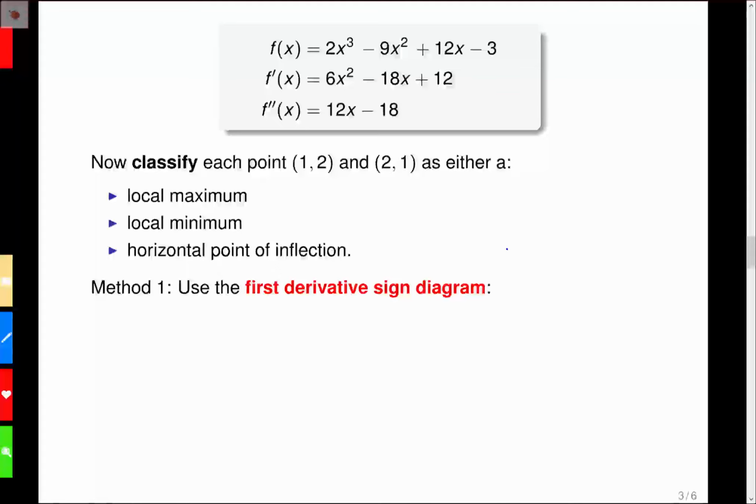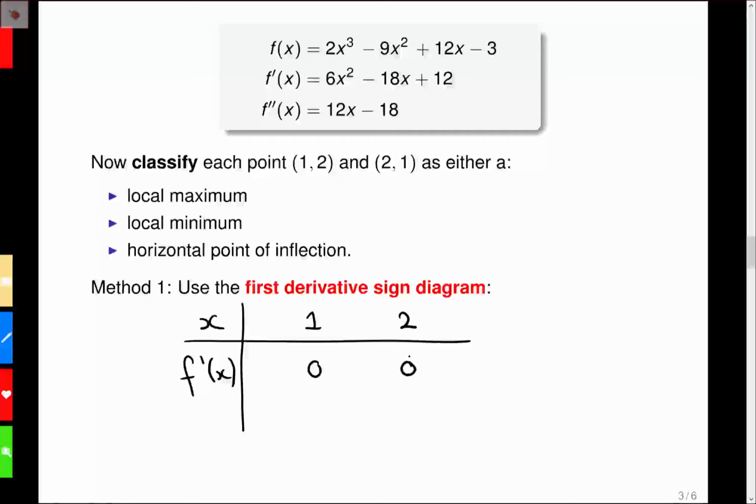We first create a little table where we have one row for some x values and another for the derivative. We then write the x values of our possible turning points, which we found earlier to be 1 and 2. And we know that at both these x values, the derivative is 0.